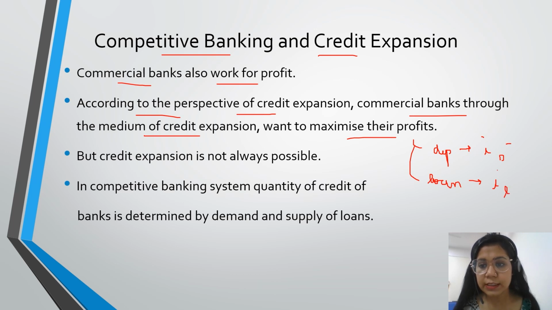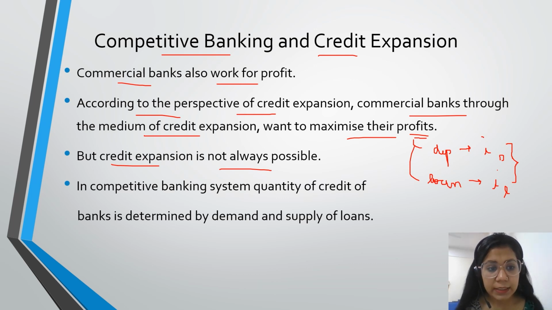So this difference between this interest rates is how the banks earn their profits. But credit expansion is not always possible, as we read before this, that there are many limitations to the credit expansion capacity of the banks.